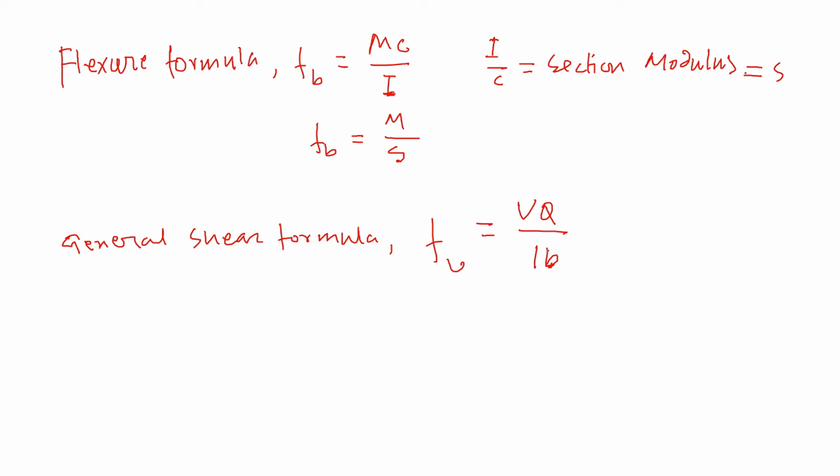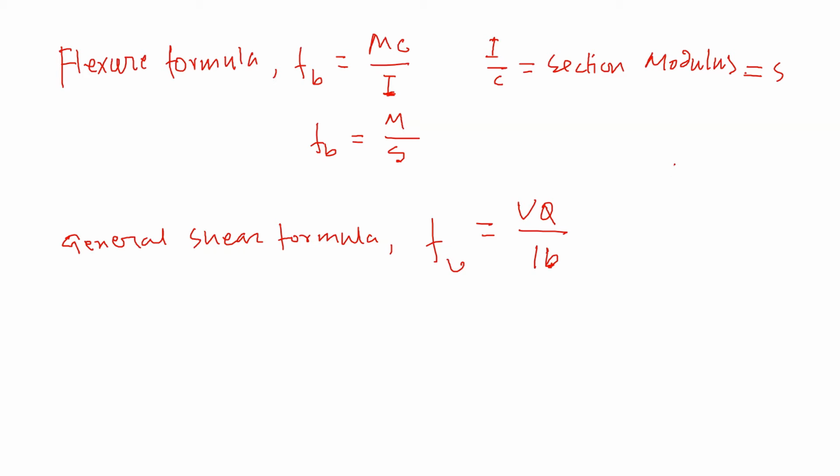The same way we calculate the I, and this shear comes from the shear force and bending moment diagram, the shear force that we calculate. So V is shear force, M is the bending moment. Now what is tricky here is this area moment Q, to calculate Q.